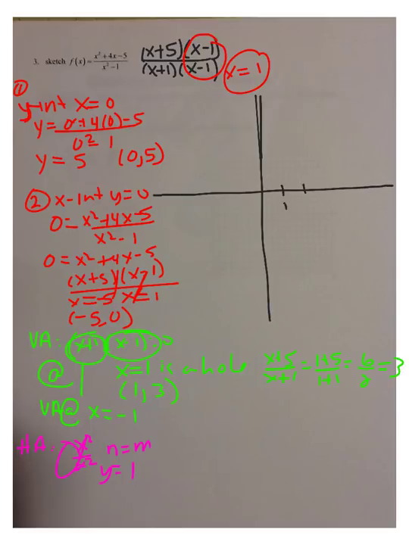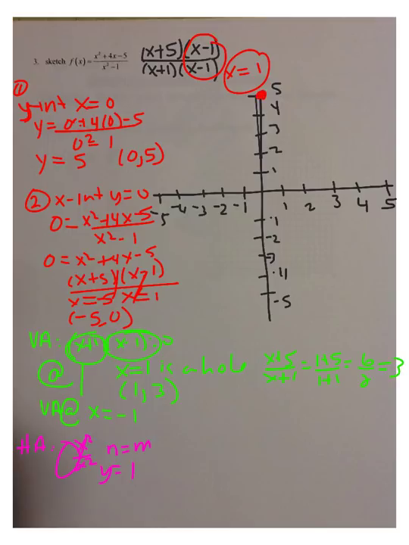All right, so I have a y-intercept at 0, 5, so let's graph that. I also have an x-intercept at negative 5, 0.